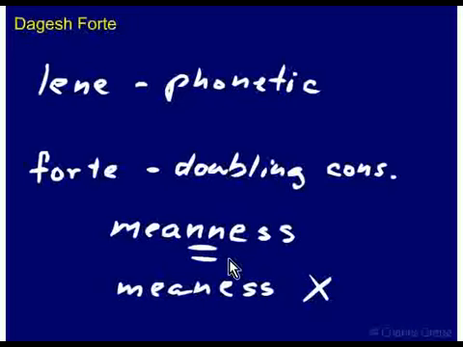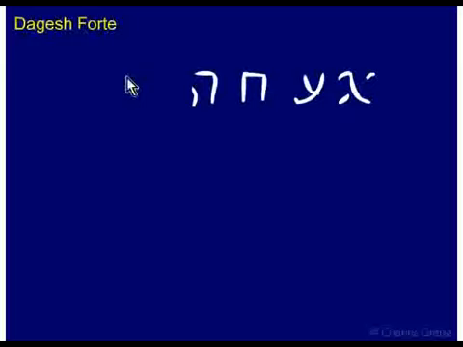The Dagesh Forte can be put into any letter except the gutturals and resh. Remember the gutturals and resh? We actually have a module called gutturals and resh. Aleph and ayin, chet and hey, and then resh. Remember I said that resh sometimes behaves like a guttural, or it's grouped with them because of similar behavior.